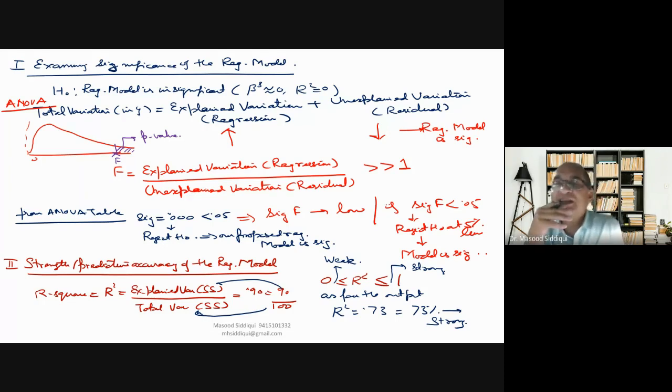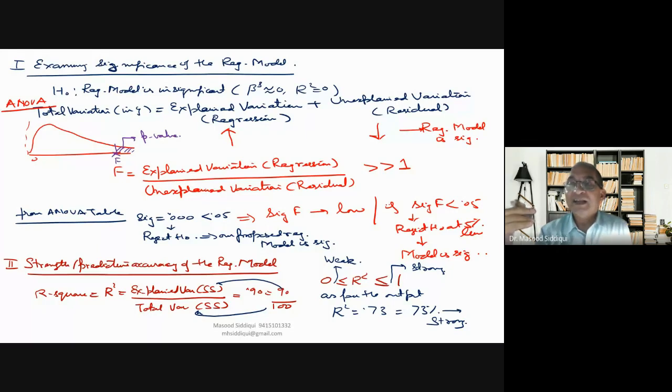Now, if we are getting 0.2, there is no clear cut demarcation which value should be written as high and which value should be written as low. It actually depends upon the subjectivity of the researcher. That's why in the research paper we always explain R square as our model is able to explain 30% of the variation, 40% of the variation, 80% of the variation, or 90% of the variation.